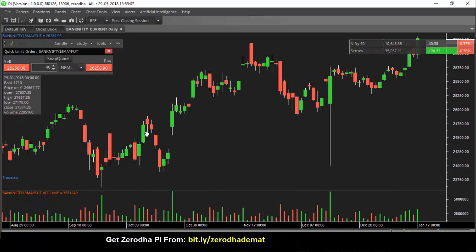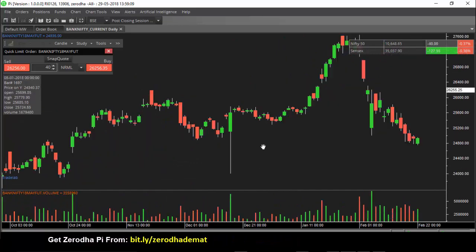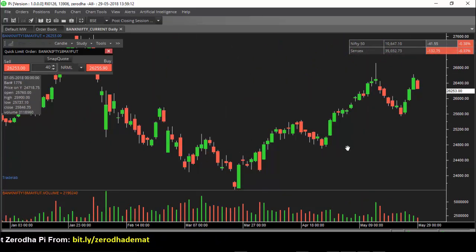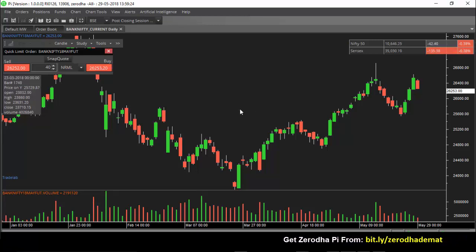You can see the Bank Nifty 1 month contract chart from the previous times. You can use it just like a normal NSE price chart. So you can use your own technical analysis and all, and you can use this futures chart.